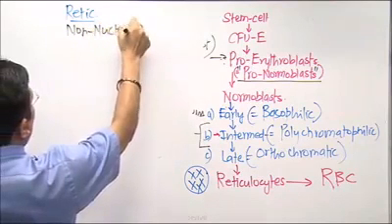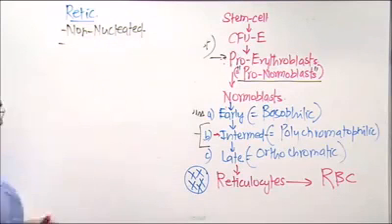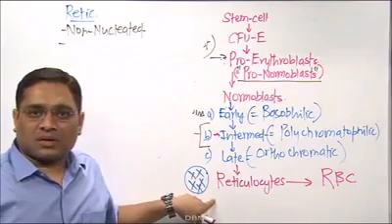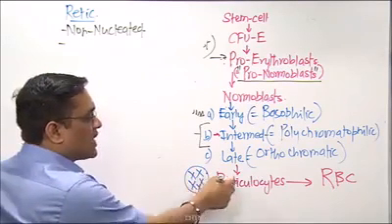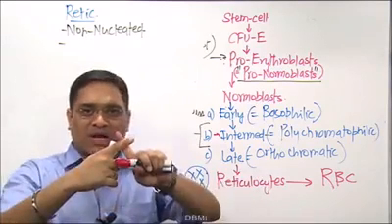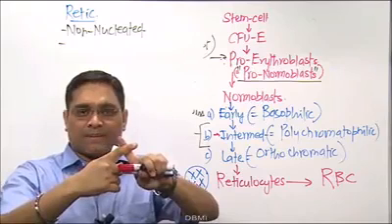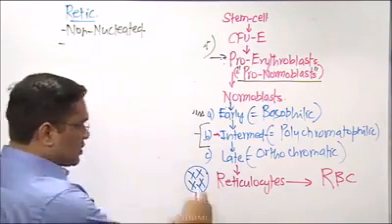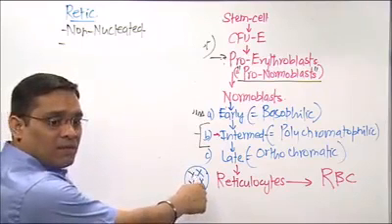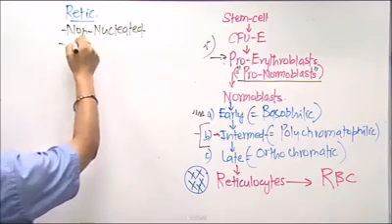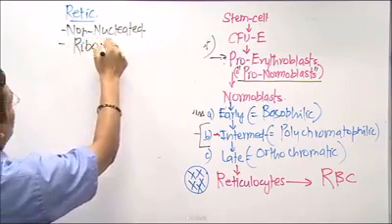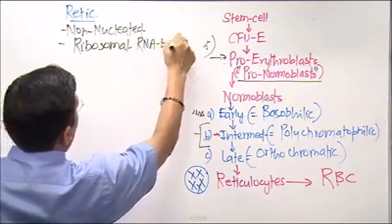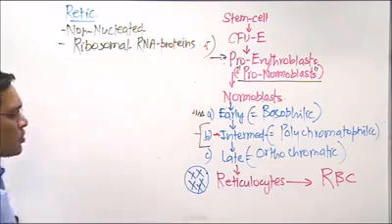Why is it called reticulocyte? This is another question. Because they have reticulum-like or meshwork-like structures made up of ribosomal RNA proteins.